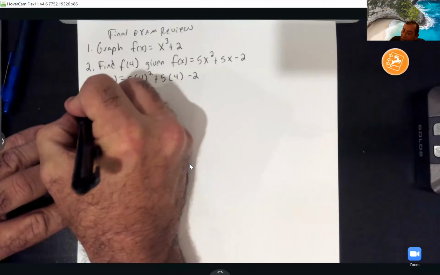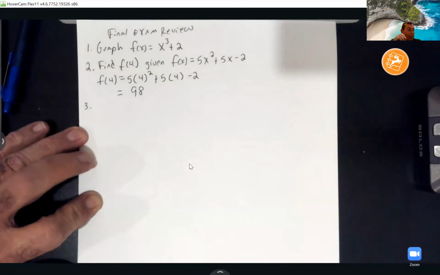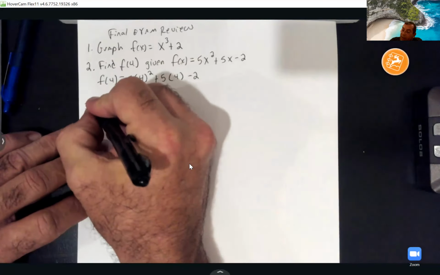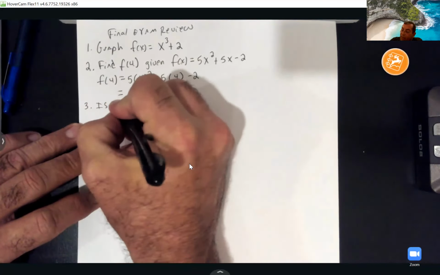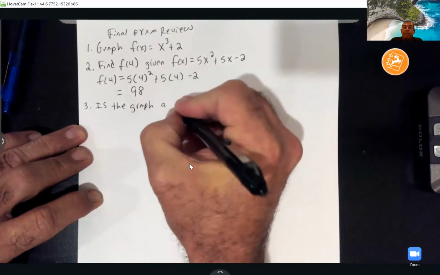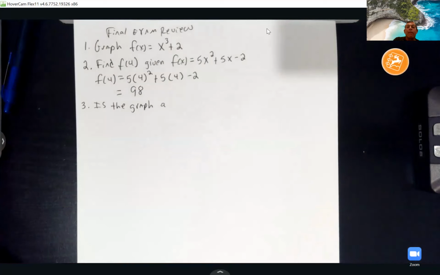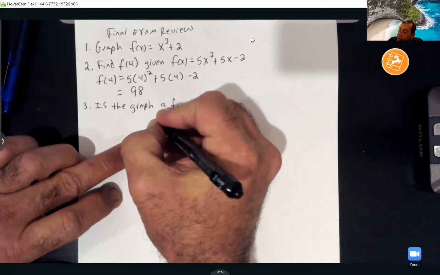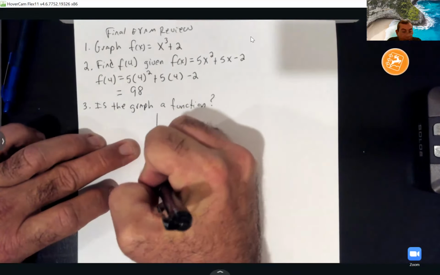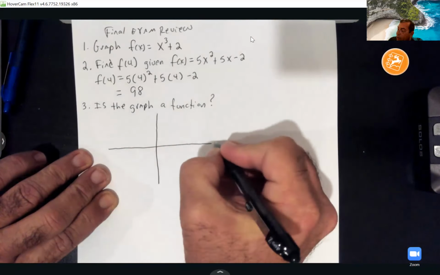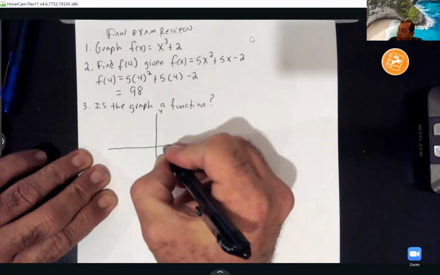All right, 3 we'll have to draw here. On 3, they want to know if this is a function or not. So is the graph a function? All right, y'all, so this graph, I'm going to go out 5 in every direction.